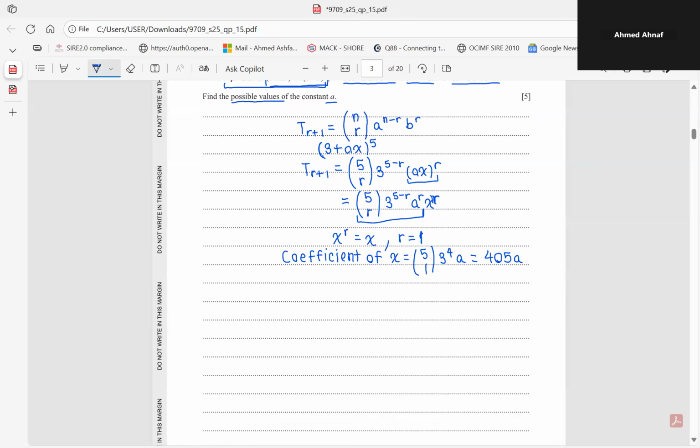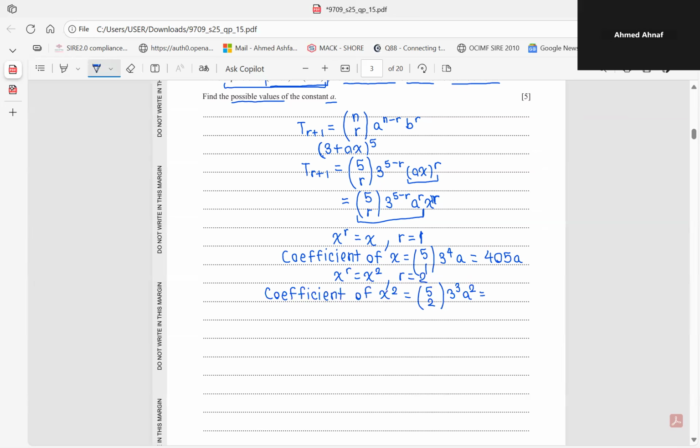So for x squared, obviously r would just be equal to 2. So the coefficient of x squared is equal to 5 choose 2 times 3 to the power of 5 minus 2, which is 3 to the power of 3, times a to the power of r, so a squared.